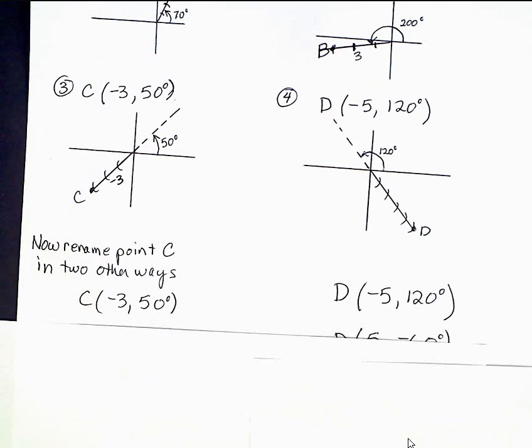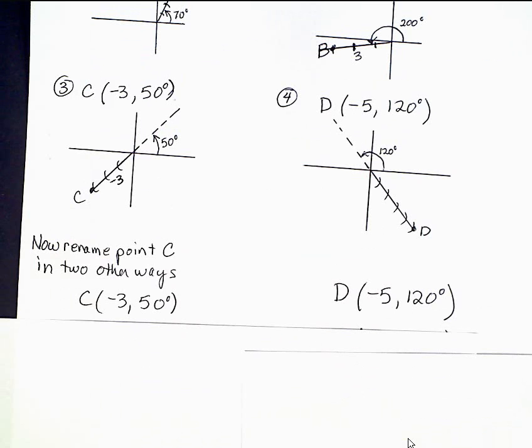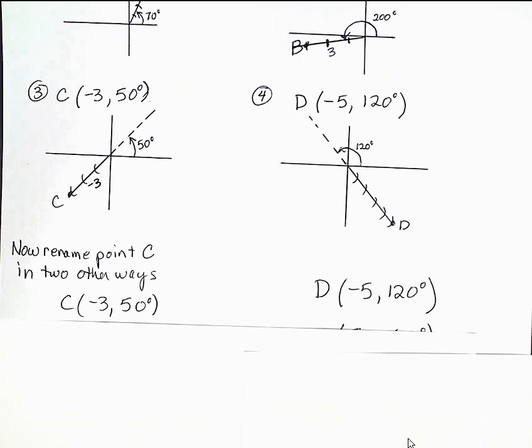All right, so let's look at some different ways that you can label the same point. If I wanted to rename point C in 2 other ways, stop and think. Here's point C. What is another way that I can get to this exact same point? One way is to go around the circle, positive, and then out positive.